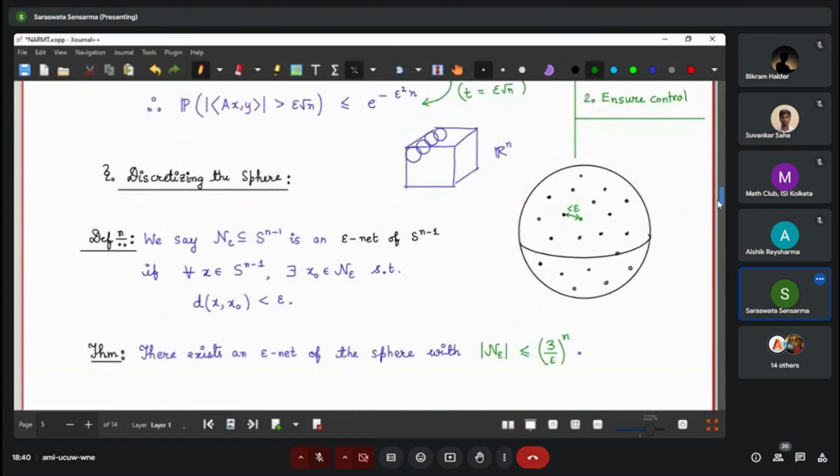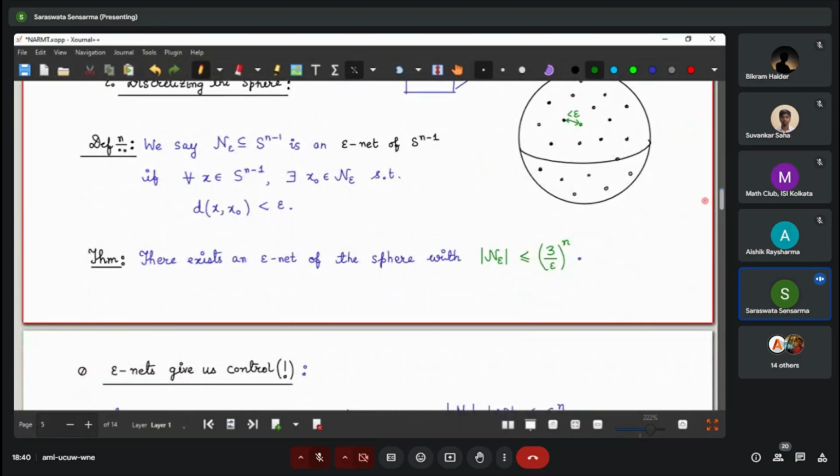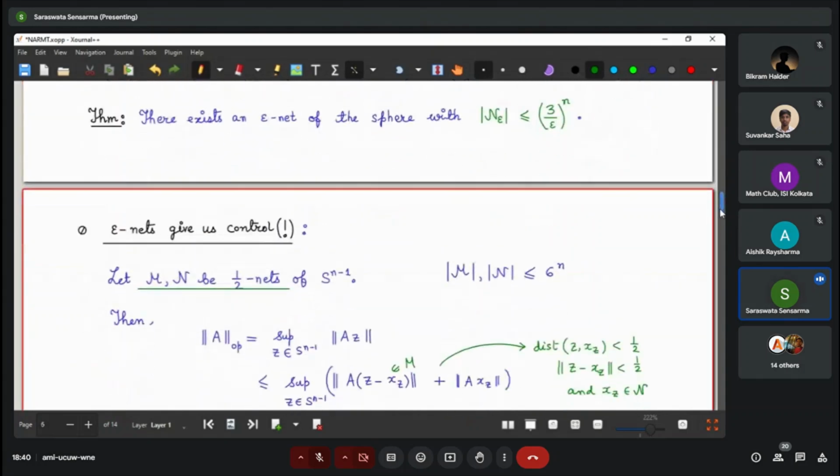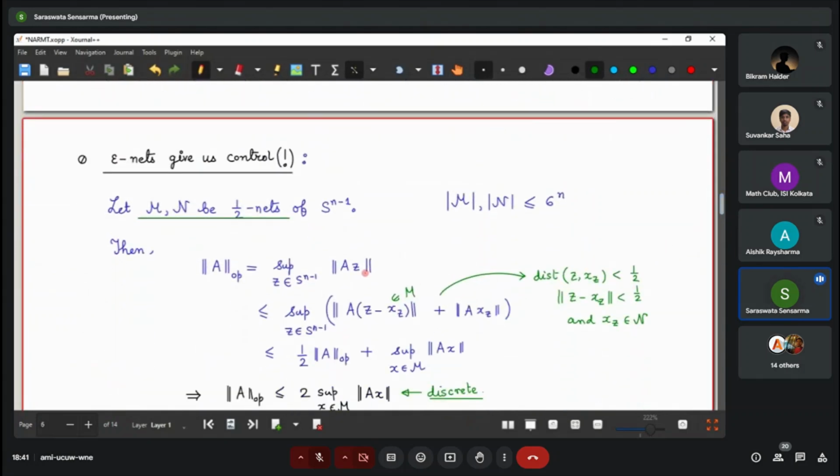To work with those patches, we look at epsilon nets. As long as you are dealing with a sufficiently good function, in this case Ax,y, which is continuous, and I think you need Lipschitz, all of this exact same argument would work.